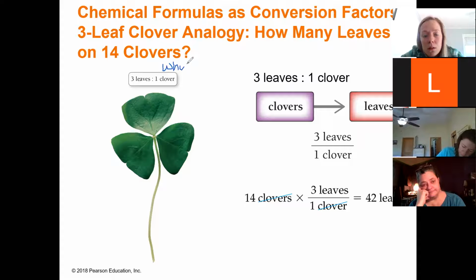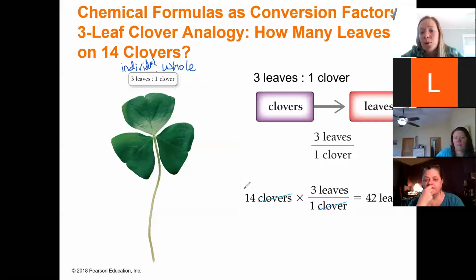This is the whole. And then this over here is the individual. So 1 clover yields 3 leaves. If we have 14 clovers or 14 of the wholes, and I want to figure out how many individual things I have, I'm going to put the clover on the bottom and it'll yield 3 leaves, or 14 times 3, which will give us a total of 42 leaves.